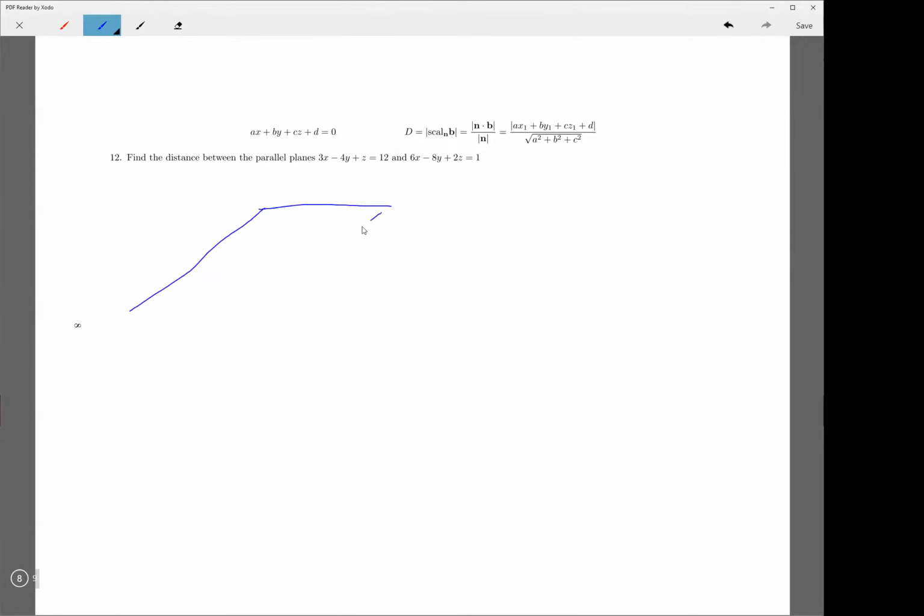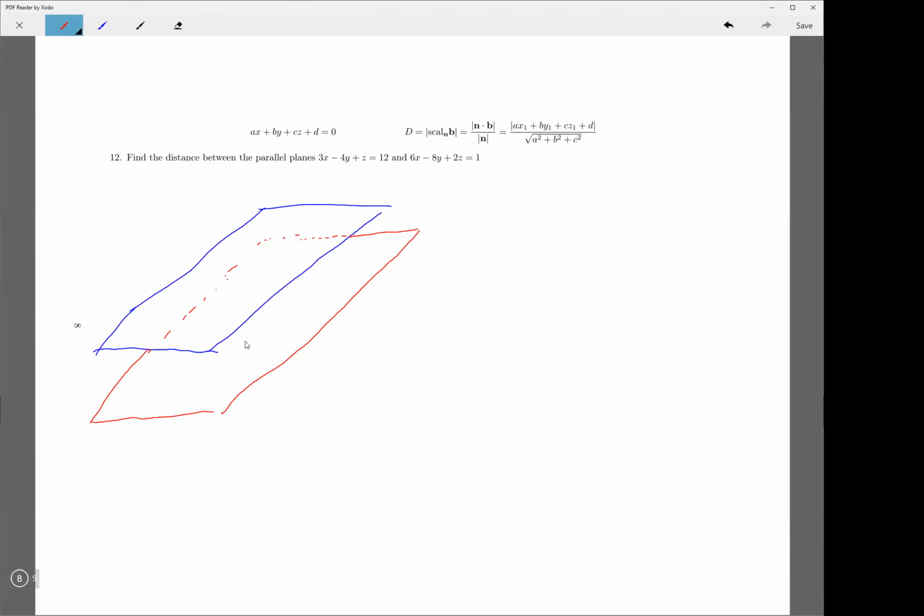So let me just try to give you a drawing of that situation. There's one plane, and then you have another plane that is parallel to that plane. Something like that.